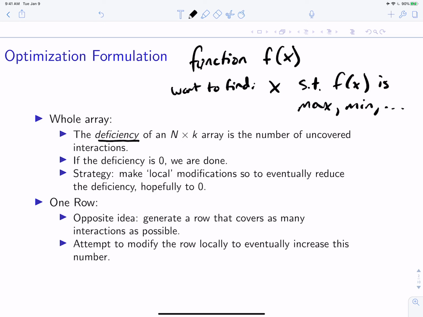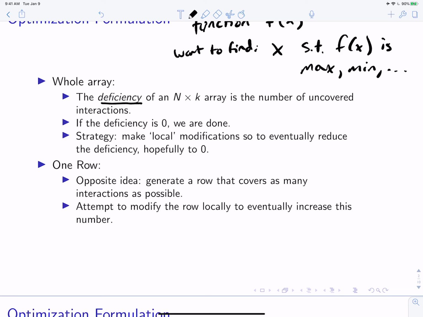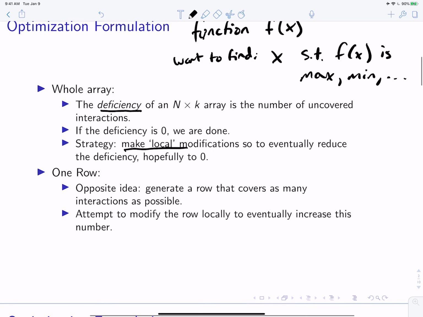And if it is a good change, like the number of uncovered interactions goes down, then maybe we want to accept that change and then try again, and maybe change some other value. So the whole strategy is to make local modifications to the array to try to reduce the deficiency.